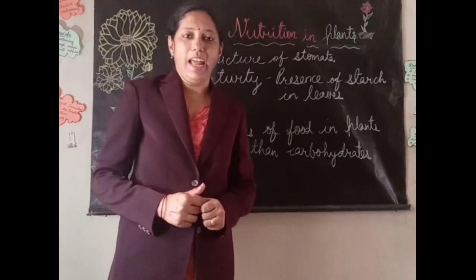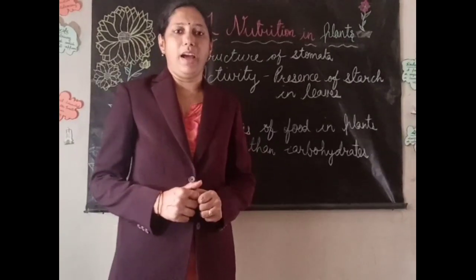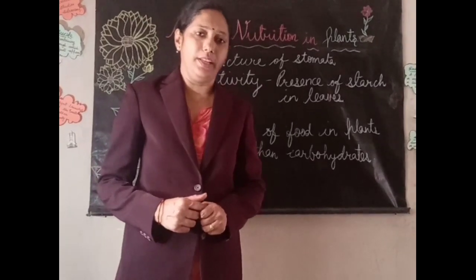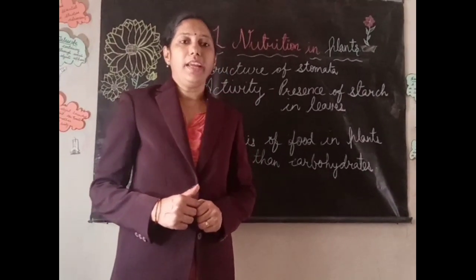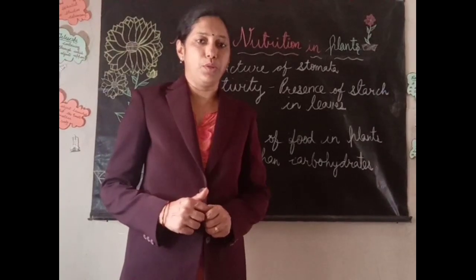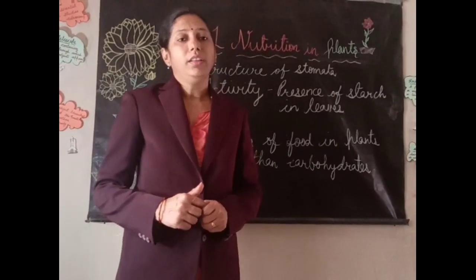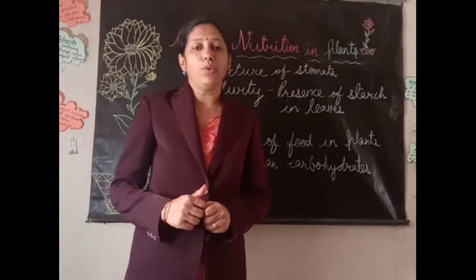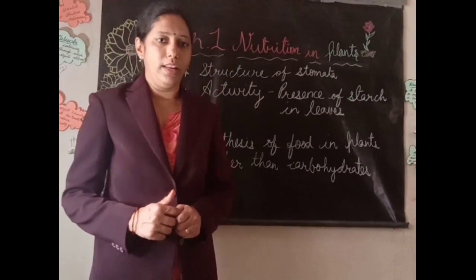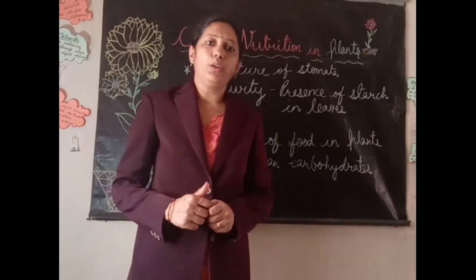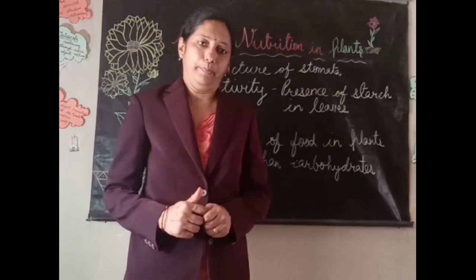Then we learned that nitrogen is required by the plants for the synthesis of protein. And they cannot get this nitrogen directly from the atmosphere. So they have to depend on certain types of bacteria, or the farmers add nitrogen rich fertilizers to the soil. This will help the plant to synthesize protein.